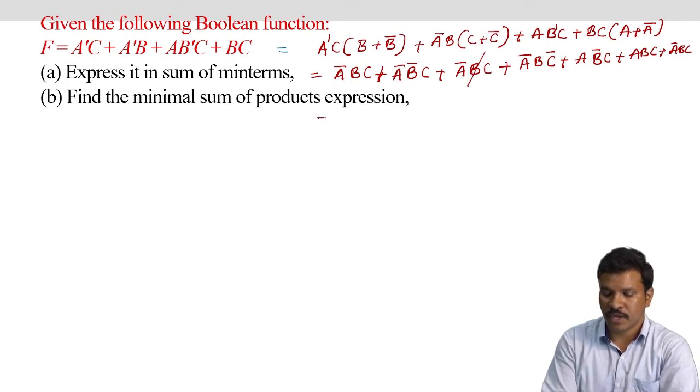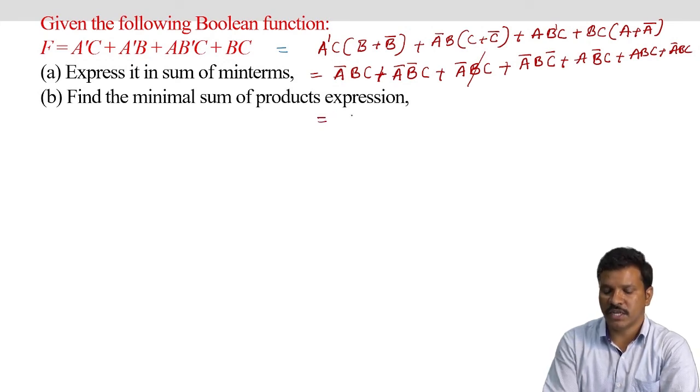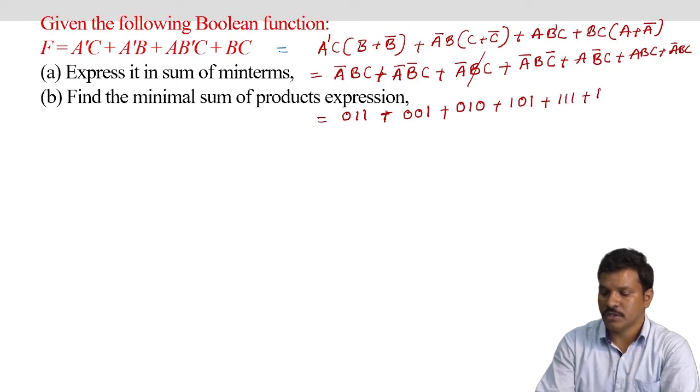And then we can see here A bar BC, A bar B bar C, A bar BC nothing but A bar nothing but logic 0, BC nothing but logic 1 1. So 0 1 1, 0 0 1, plus A bar B C bar 0 1 0, A B bar C 1 0 1, 1 1 1, A bar B C again.